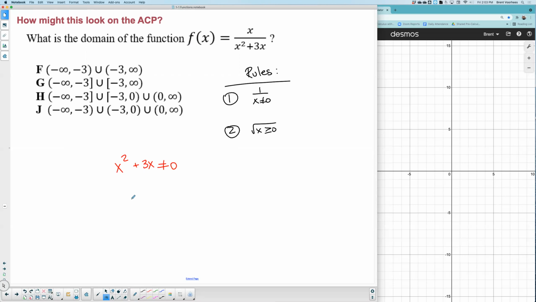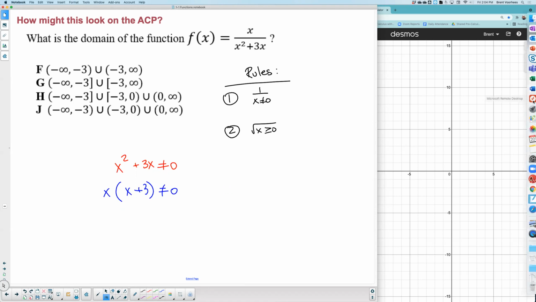So let's solve this. I see I have an x squared. So I'm going to do a little factoring that we talked about in lesson 1-0. And in particular, I'm going to first check for a GCF. There is a GCF. In this binomial, both terms share an x. So I'll factor out x, which leaves me with x plus 3 does not equal 0.